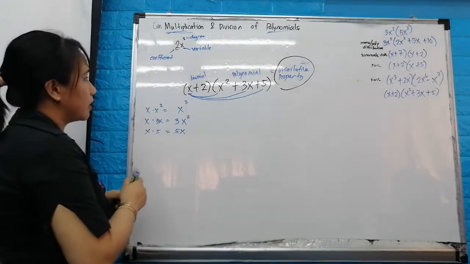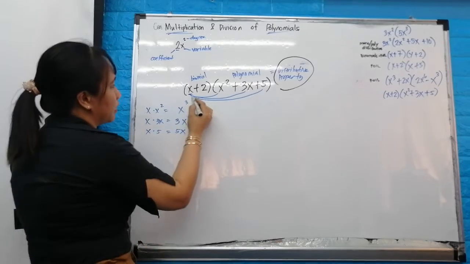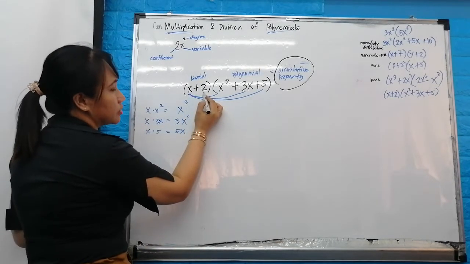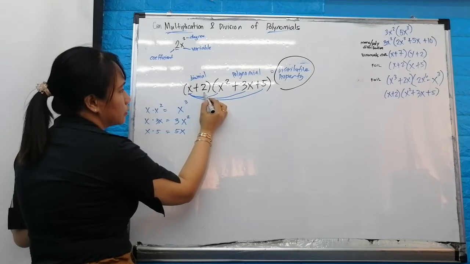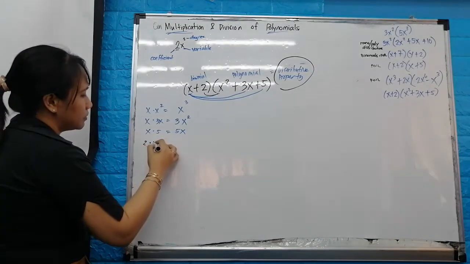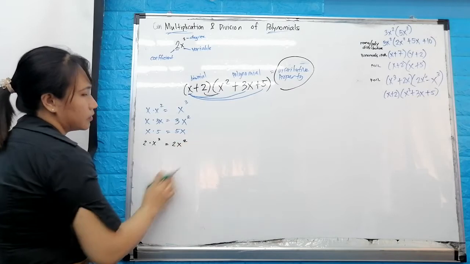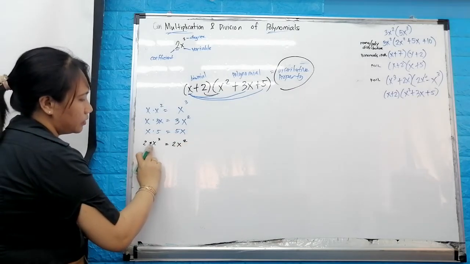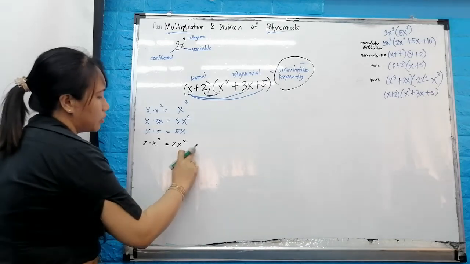Okay, and because we're done with the x, let's proceed to your second term, which is 2. So 2 times x squared, again, 2x squared. Because you have 2 here and then 1 there, so you've got 2, and then just copy your variable, x squared.